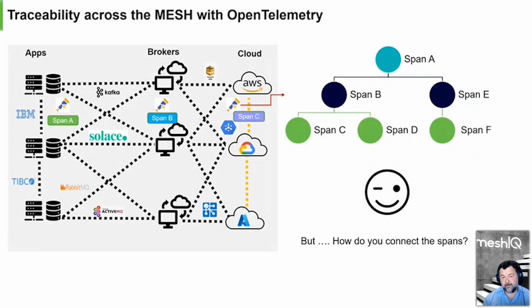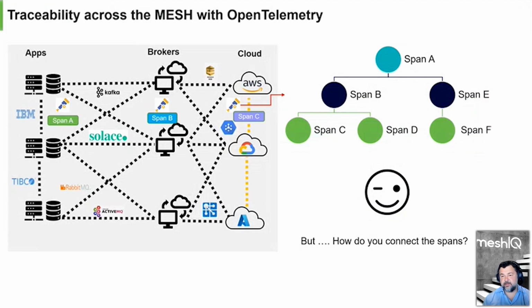Now, in theory, it's a good idea, and you obviously want to do this, especially if you have a complex environment. But the obvious question is, each of these spans is being collected at each of these endpoints, and they could be running on different VMs, not on the same physical or virtual servers, and they could also be spread across different cloud environments.